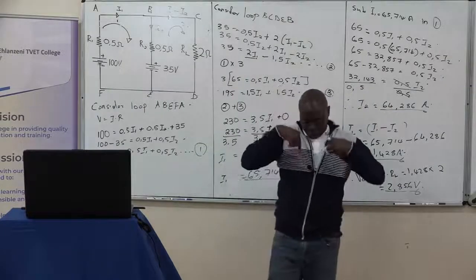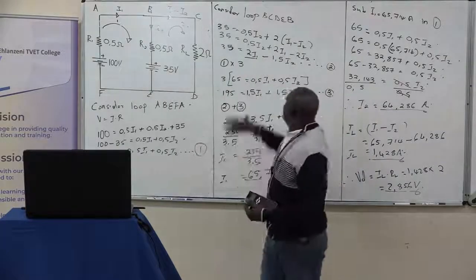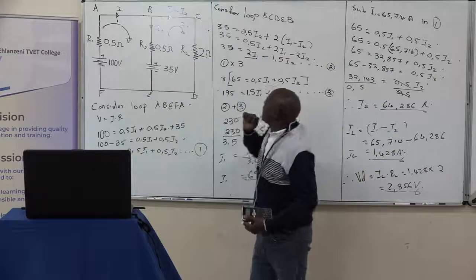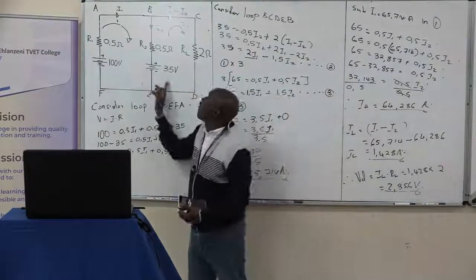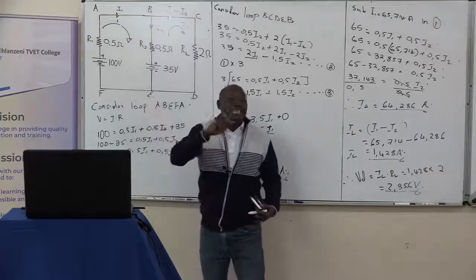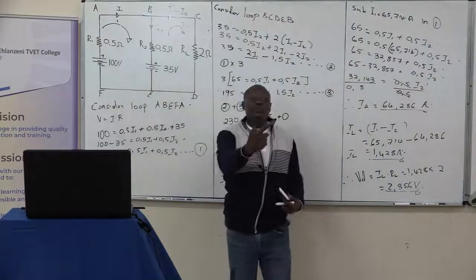Before I wrap up, if we find that the value of the voltage drop is higher than one of the supplies, it means that the current of that supply is going to be negative.